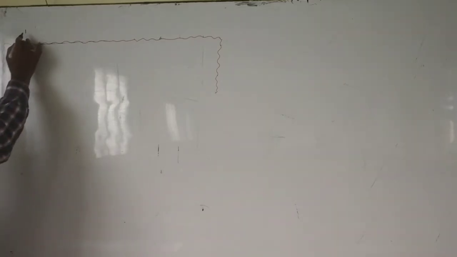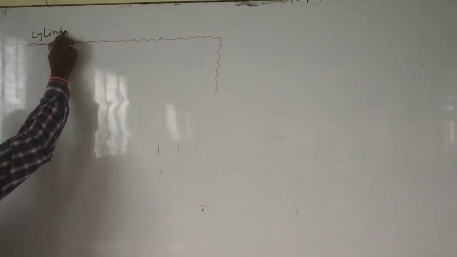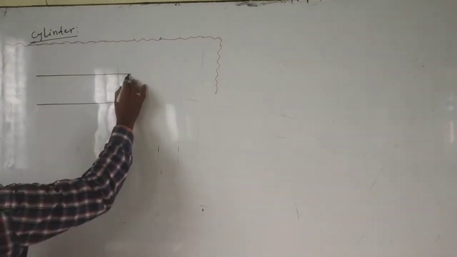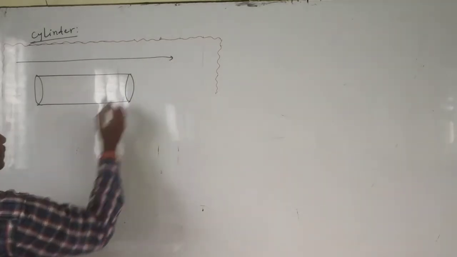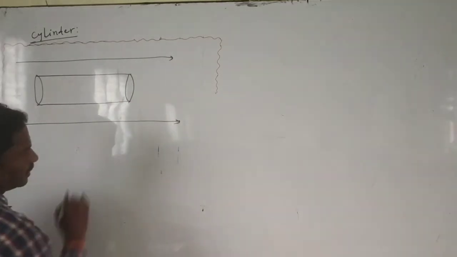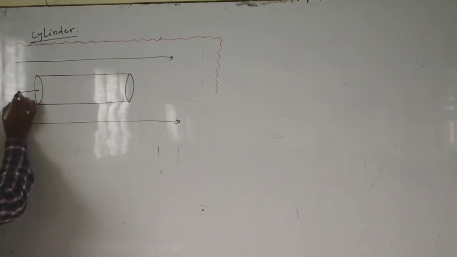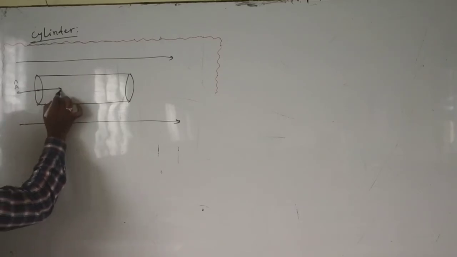Next, other conditions. What is the flux linked with the cylinder? Consider this is the cylinder placed in a uniform electric field. Here the area vector is in this direction and the electric field is in this direction.